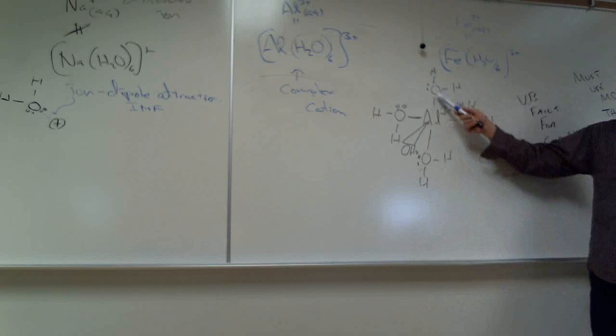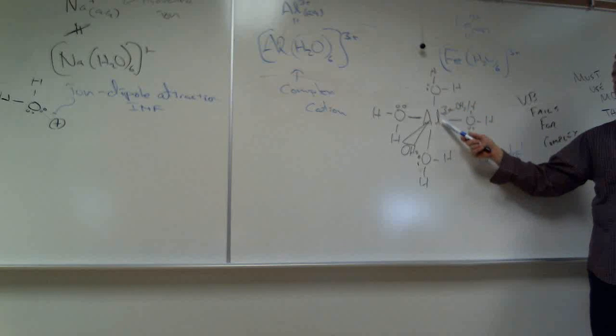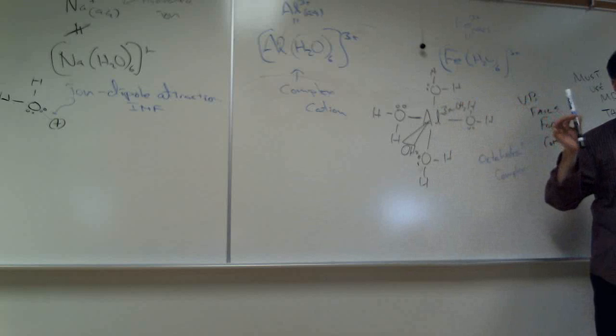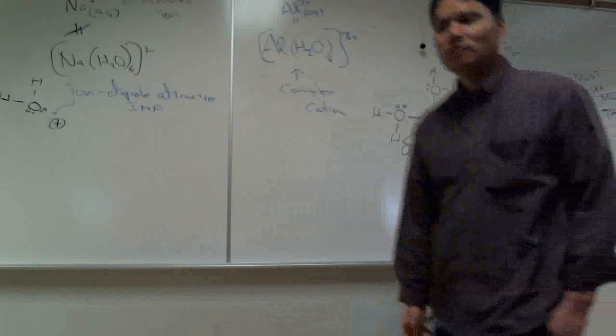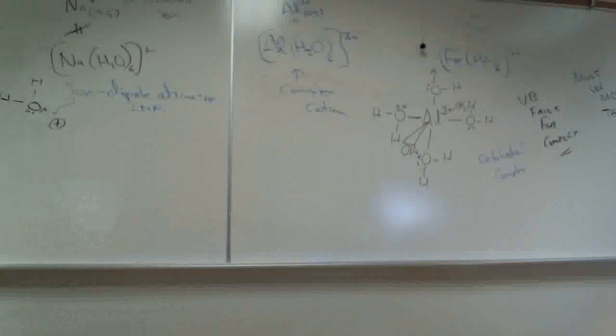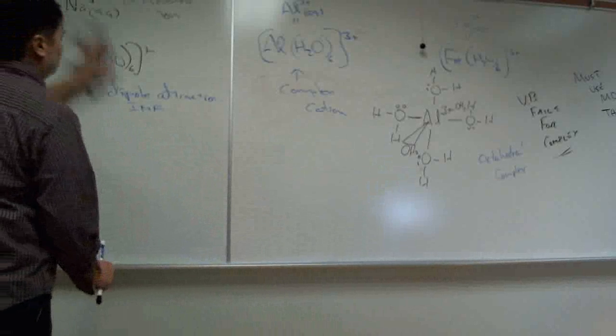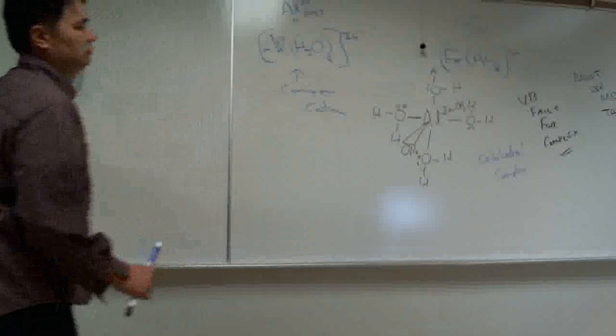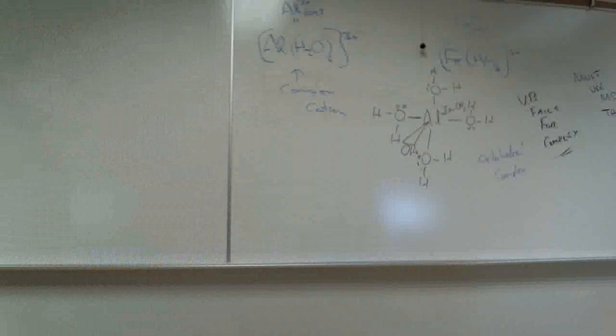And you'd say, well, we donated electron density to the aluminum, so the aluminum is going to be negative whatever, right? But we don't count it that way. For complexes, we use a totally different counting scheme, which is like this.